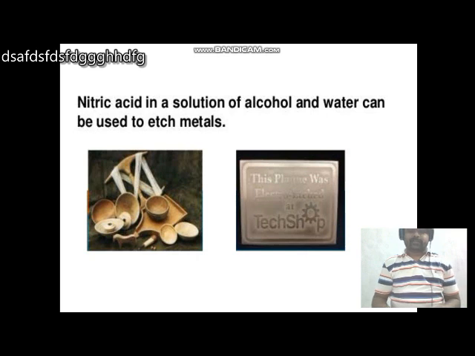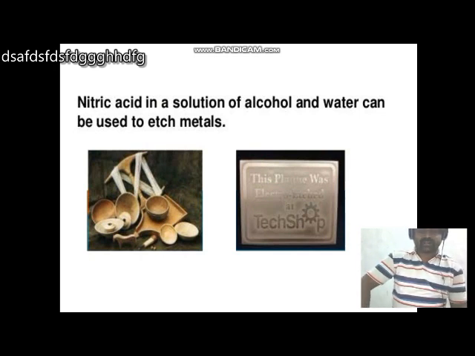Here, the meaning of etch is to produce something such as a pattern or design on a hard material by eating into the material surface with an acid or a laser beam. That is known as etching.